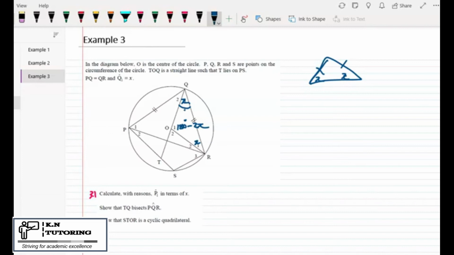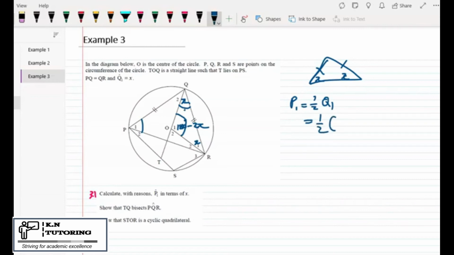Alright, now if this one is 180 minus 2X, what will be this one? So P1 will be half of O1. Why? Angle at center is twice the angle at the circumference. So it's a reverse. So that's your reason. So this is half.